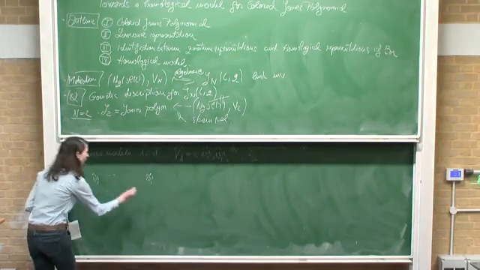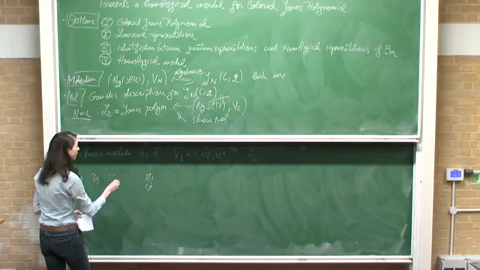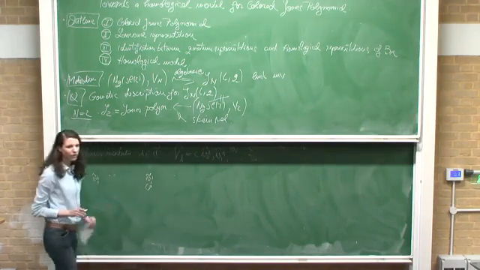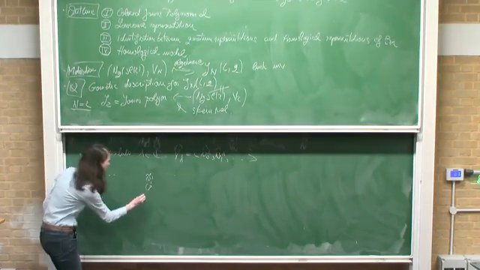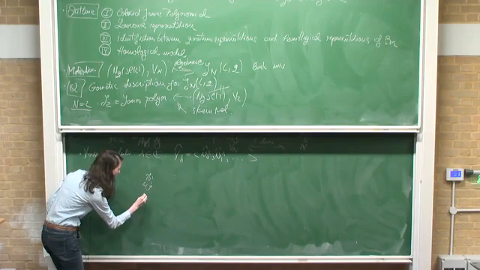In U_q(sl2) we have three generators, E, F, and K. Here K acts just with a scalar.